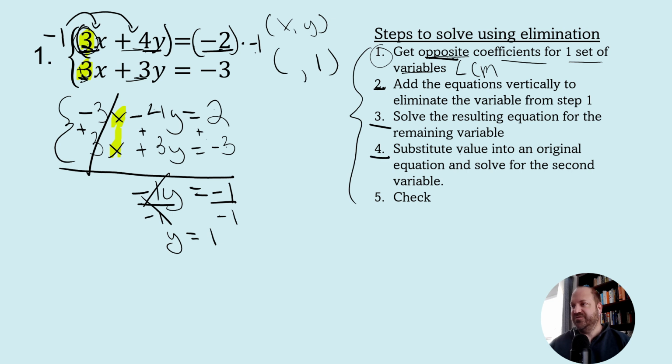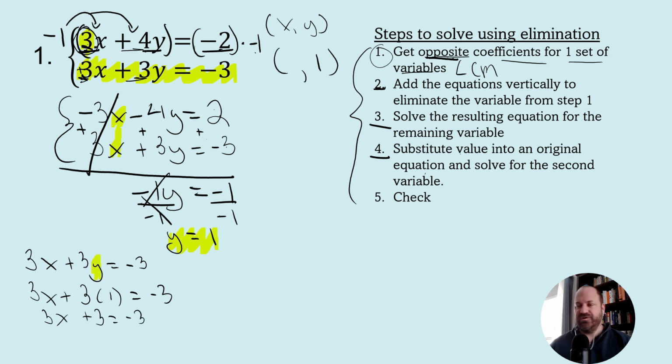Step 4, we want to substitute the value into an original equation and solve for the second variable. Let's use this bottom equation. It doesn't really matter which one we use. We just want to use an original equation. So we've got 3x plus 3y equals -3. Let's take that 1, put it back in for y. 3x plus 3 times 1 equals -3. 3x plus 3 equals -3.